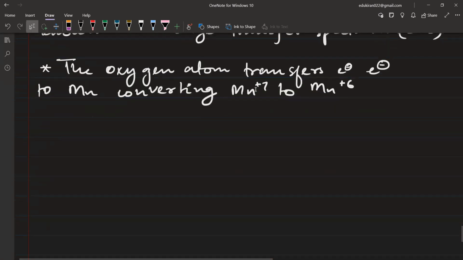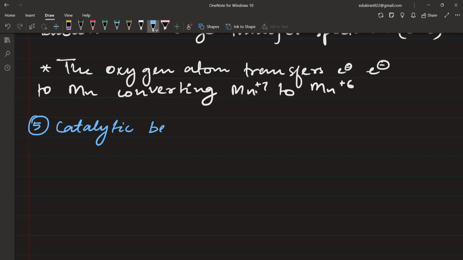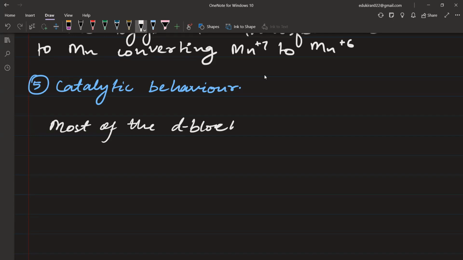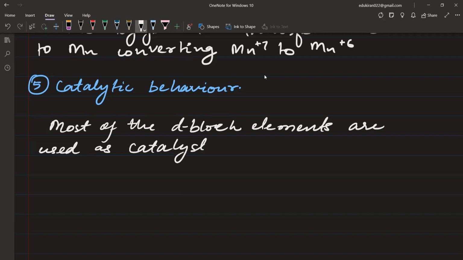Right, next, catalytic behavior. Most of the d block elements are used as catalyst due to the following two reasons.